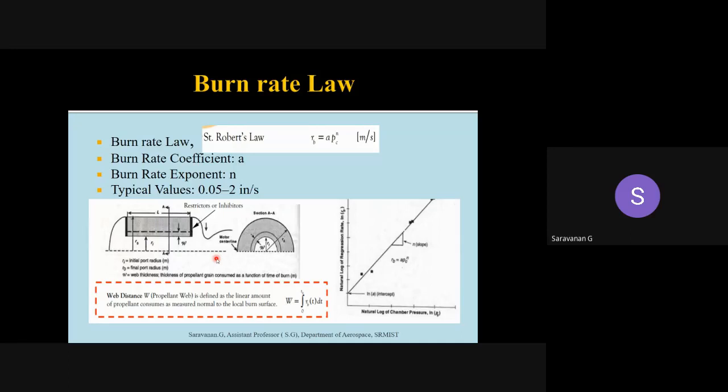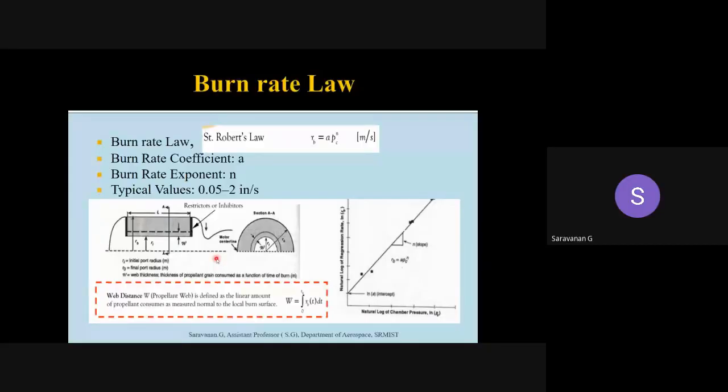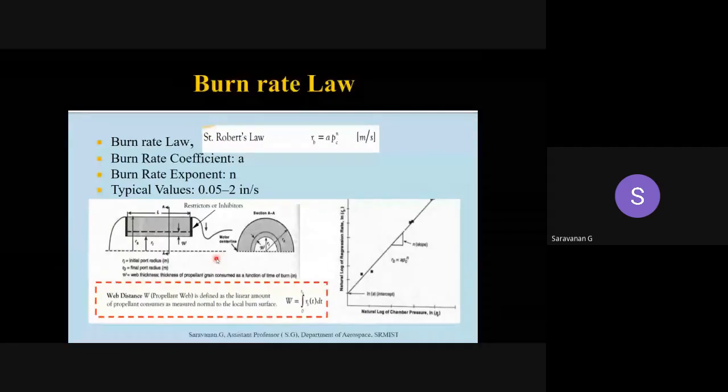All of this can be found experimentally, from the initial and final surface area burning dimensional change, in the direction of the burning surface.